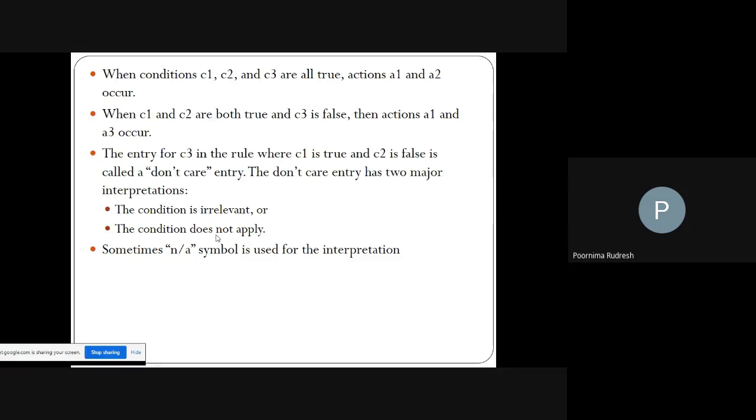Sometimes the n/a symbol is used for this interpretation. Instead of don't care, irrelevant or does not apply, we can use the symbol n/a, which also represents the don't care condition, saying that the condition is irrelevant or does not apply.